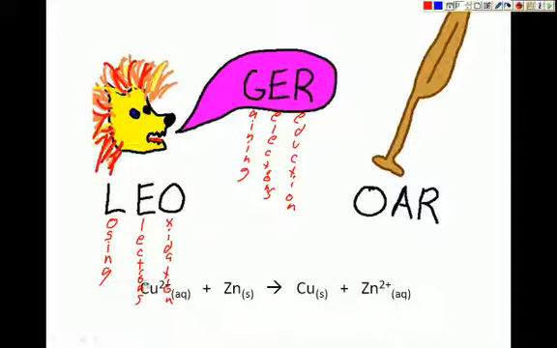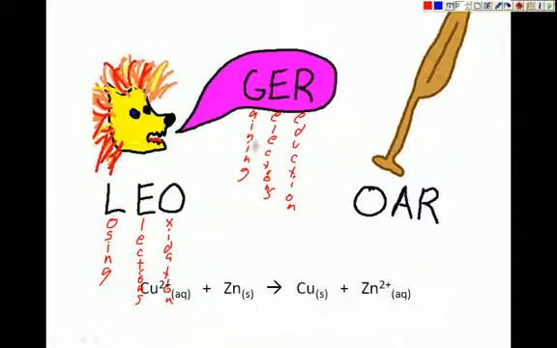Okay, so losing electrons is oxidation, gaining electrons is reduction. Leo the lion says grr. Okay, losing electrons oxidation, gaining electrons is reduction.